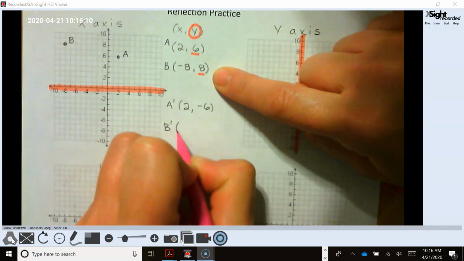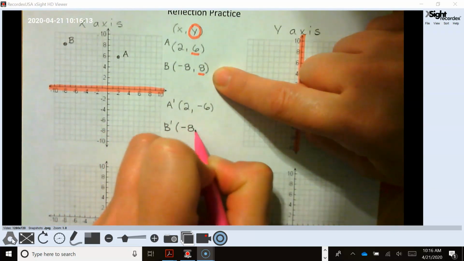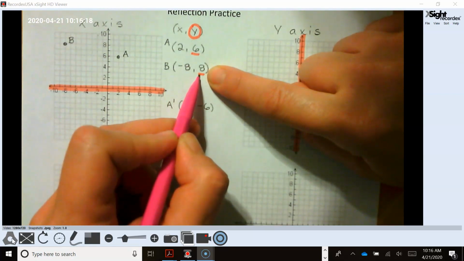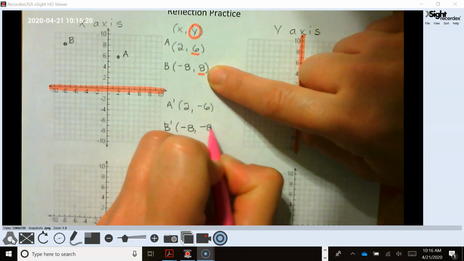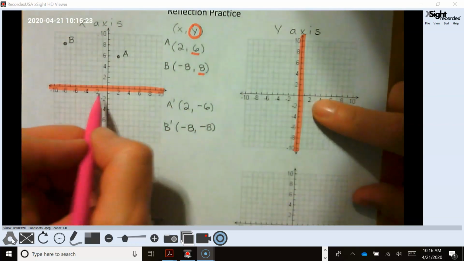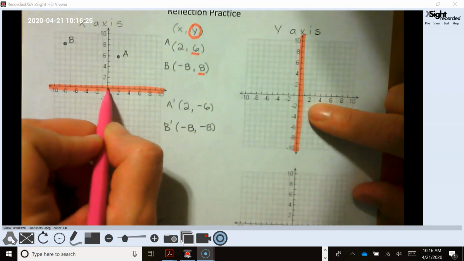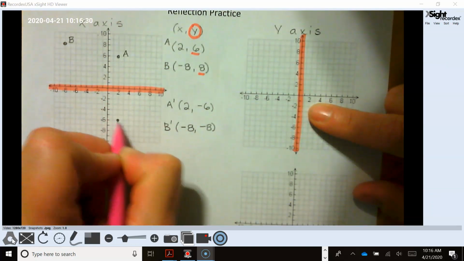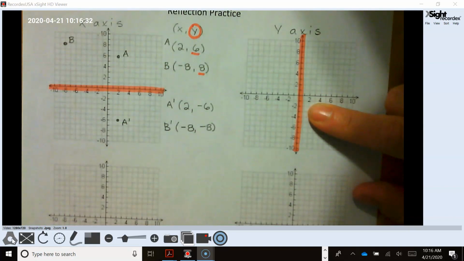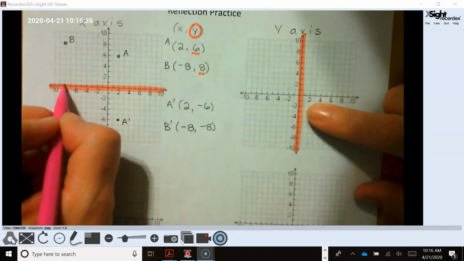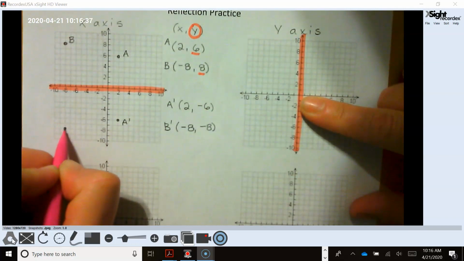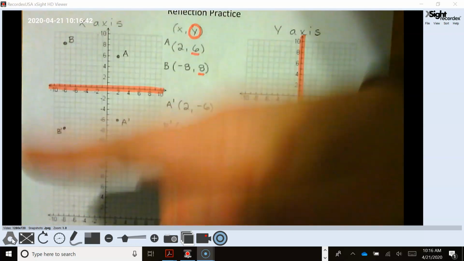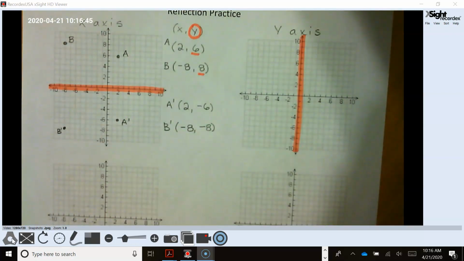The reflection of B, or B prime, is going to live at -8. That first number is not changing, but we take the opposite of the second number; the opposite of +8 is -8. So now let's plot these reflections. A prime lives at 2, -6. B prime lives at -8, -8. So we reflected those points from above the x-axis to below it.